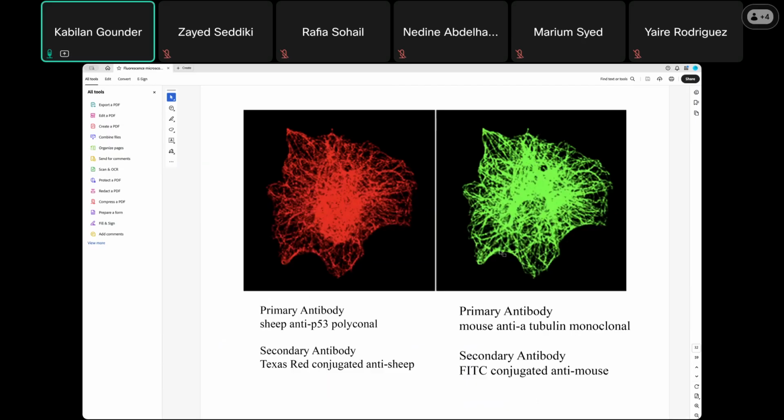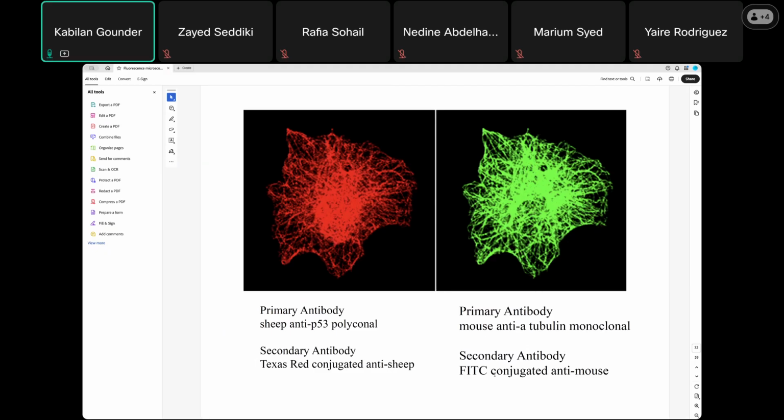For example, the primary antibody can be a sheep anti-P3 polyclonal antibody, and the secondary antibody is conjugated with Texas red. You can see red in the organelles. Here also, the primary antibody is a mouse anti-tubulin monoclonal antibody, and with the FITC conjugate you can see green.